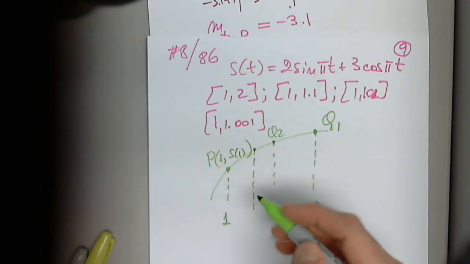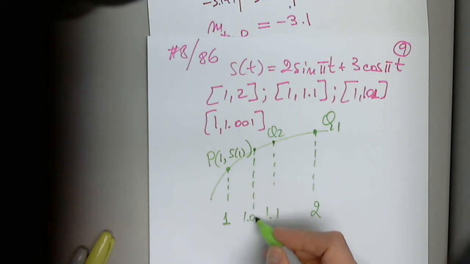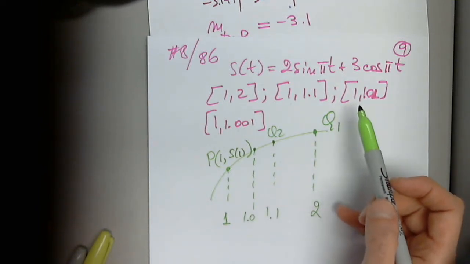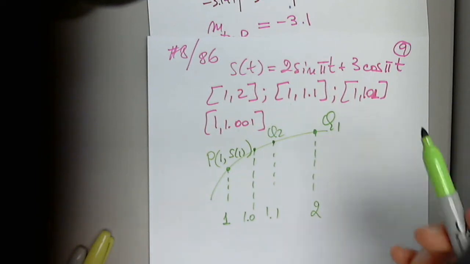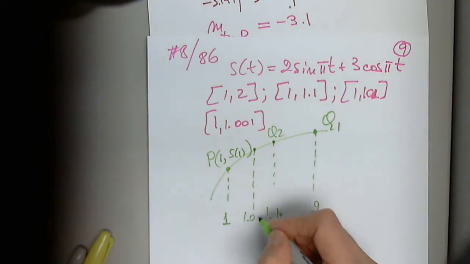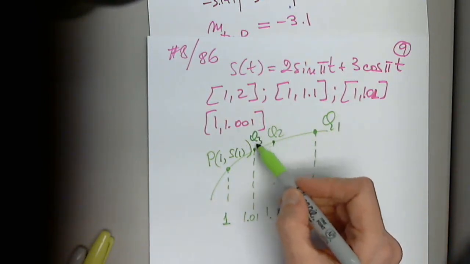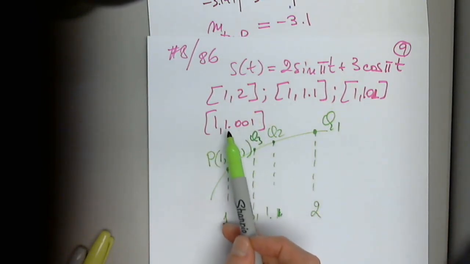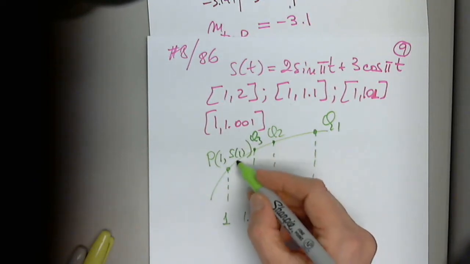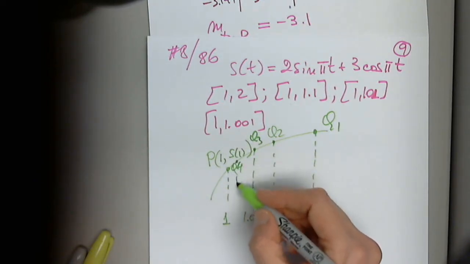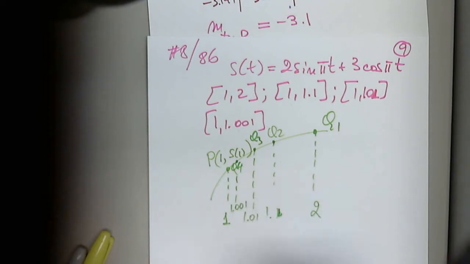Of course, this is 1.01. Okay, so this is my Q3. And of course, 1.001 is my Q4.